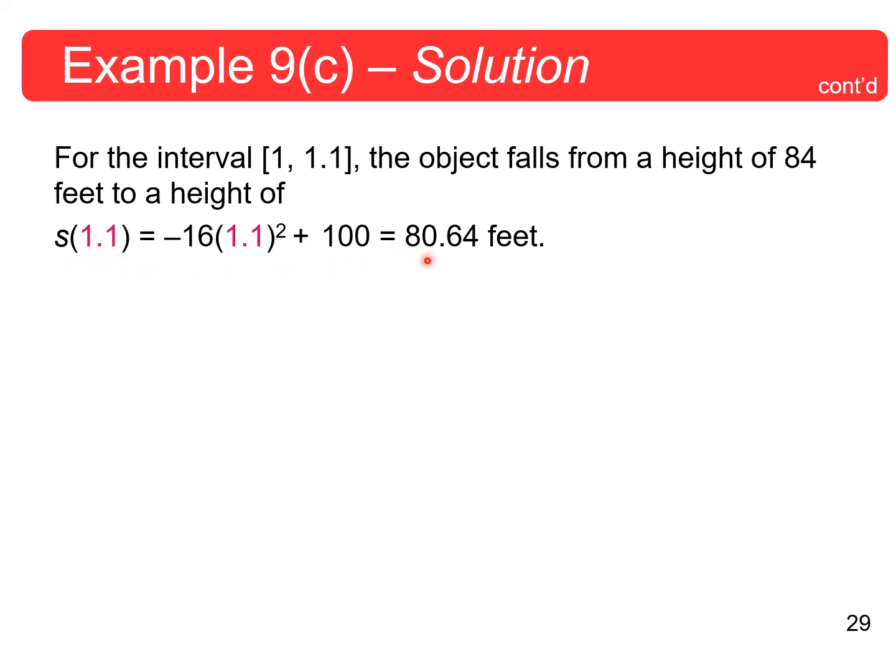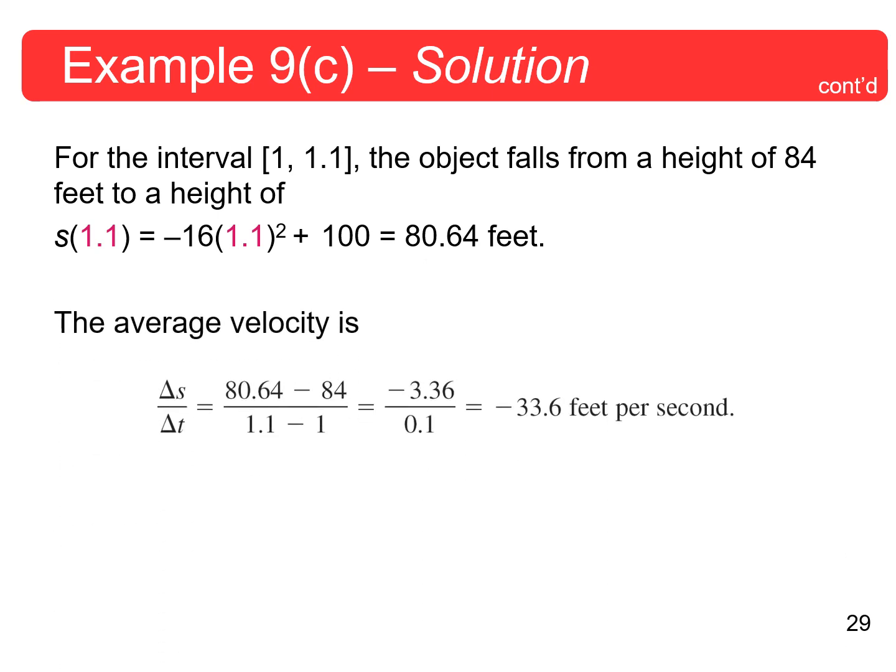That is equal to 80.64 feet. Then the average velocity using this formula is equal to 80.64 minus 84, that is equal to negative 3.36, and then 1.1 minus 1 is 0.01. Simplifying this, you have negative 33.6 feet per second.